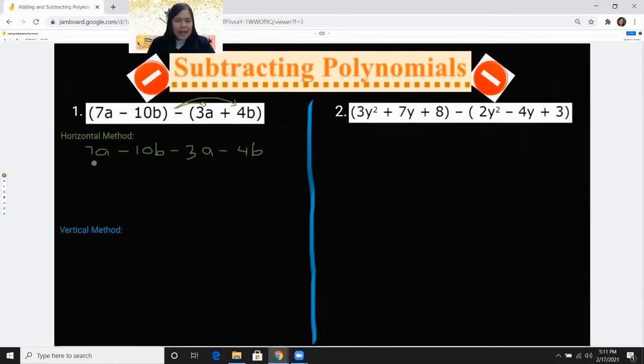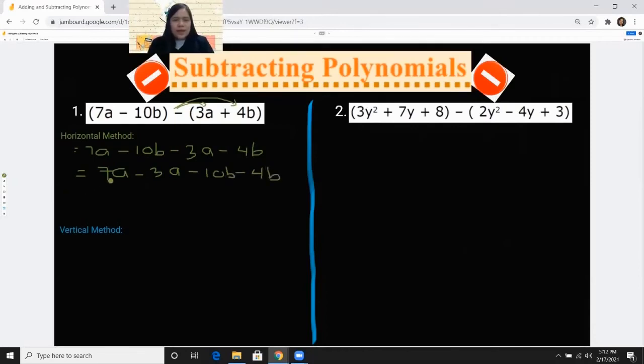Then after that, we can now rewrite this in its proper order by combining like terms. So since a comes first before b, we will bring down 7a in here. 7a followed by negative 3a, followed by negative 10b, followed by negative 4b. I forgot the b in here.